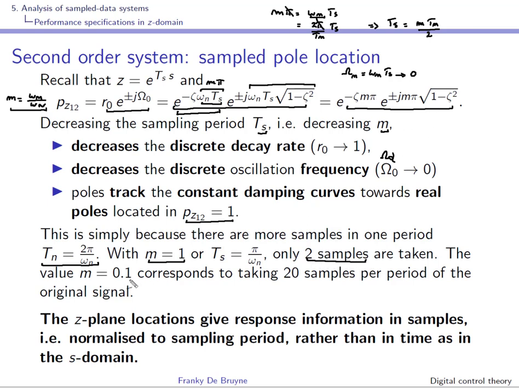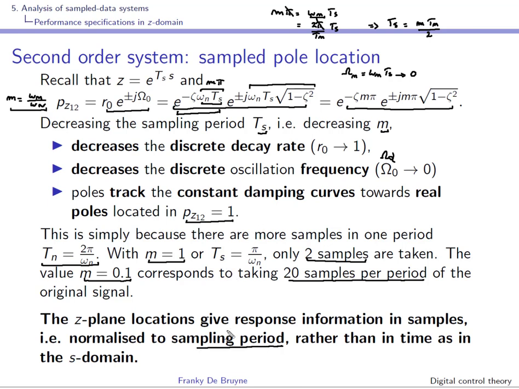If you would take, for instance, m is equal to 0.1, then you can see over here that you have 20 samples per period.